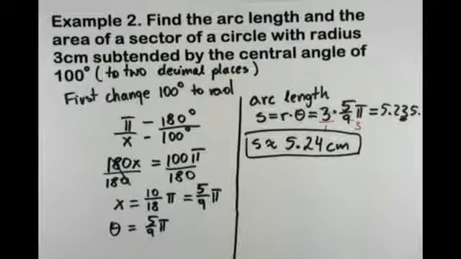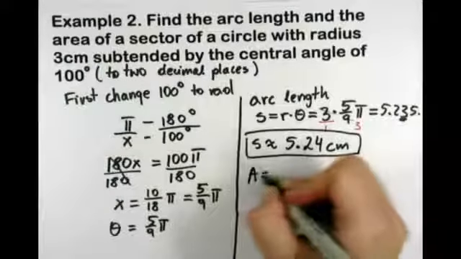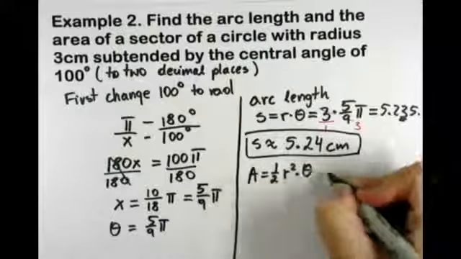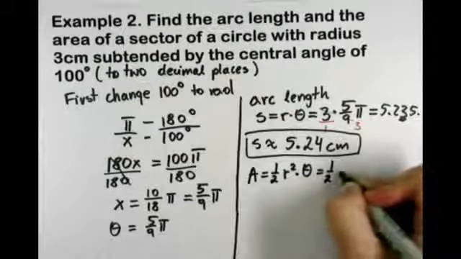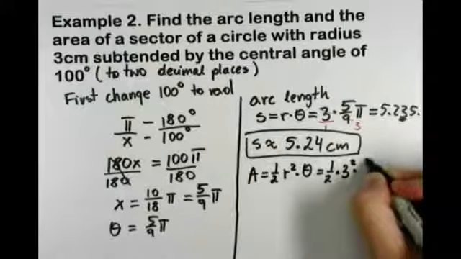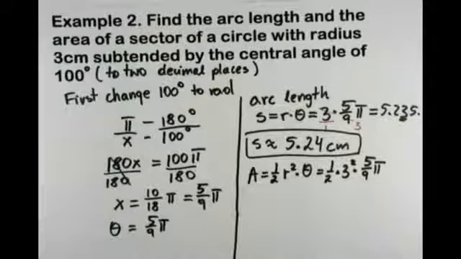Now the area of the sector of the circle has equation 1/2 r squared times theta. So this is 1/2 times r, which is 3 squared, times my theta, 5/9 pi.